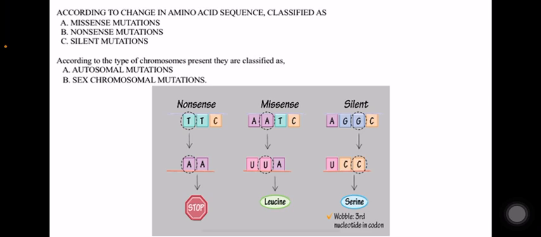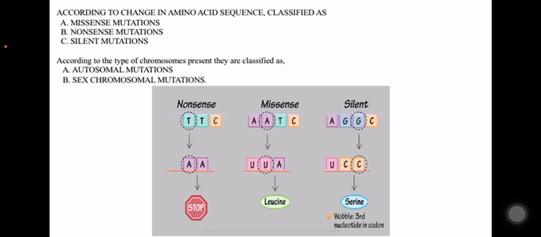That is like shown in the picture. When A is changed to U, it forms a leucine. Temperature sensitive mutation or TS mutation is when the substitution produces a protein that is active at one temperature but becomes inactive at a higher temperature.